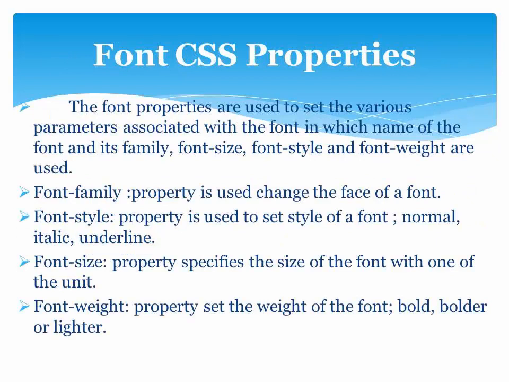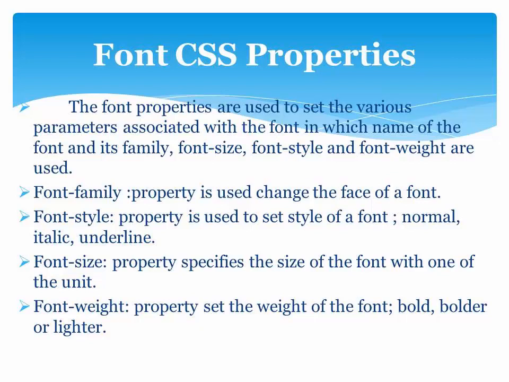So in this slide, the font CSS properties. As far as fonts are concerned, we know about font size, etc. There are 4 different font options used for formatting fonts.